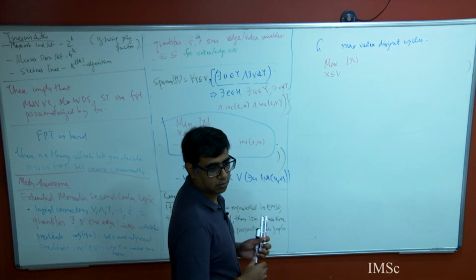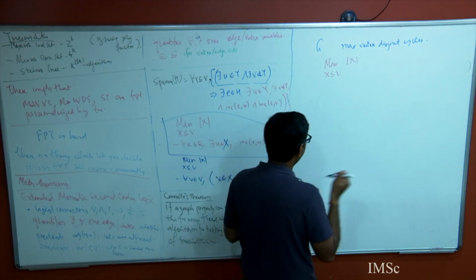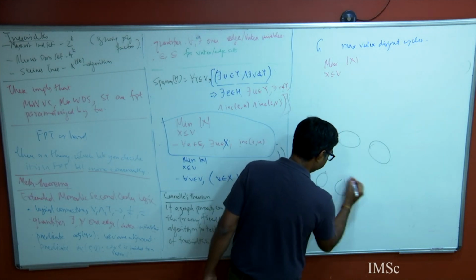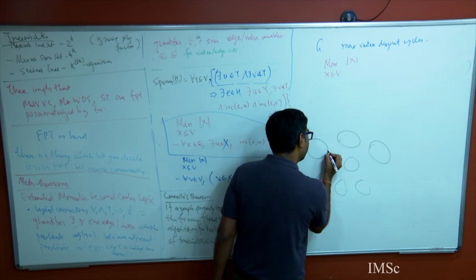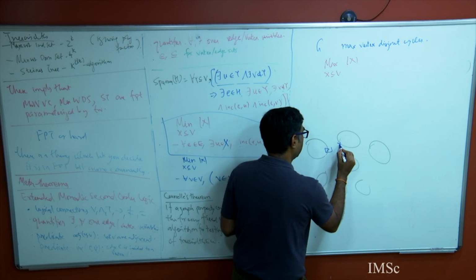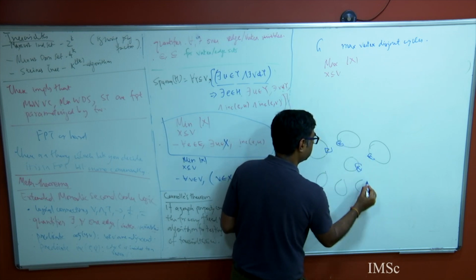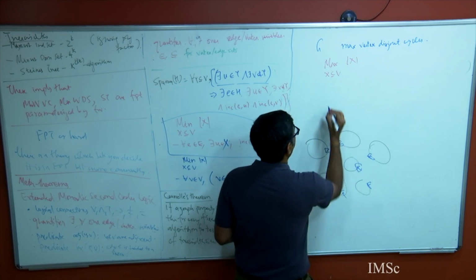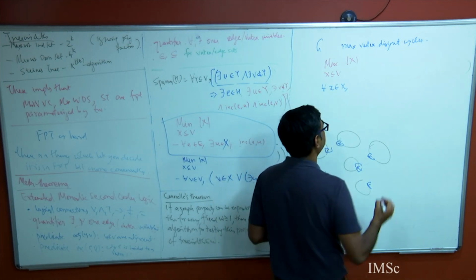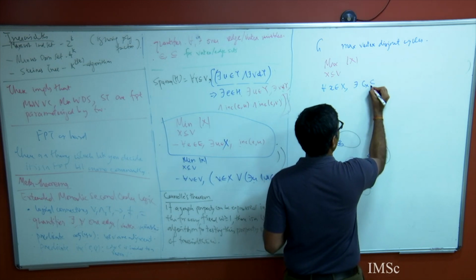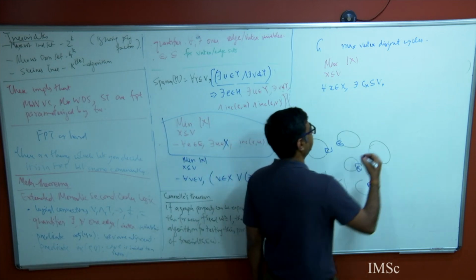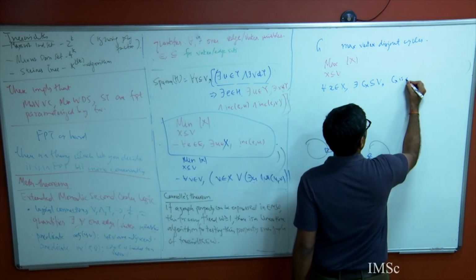Basically, here are my cycles. Suppose there are vertex disjoint cycles, and from every one of them I have picked up one element. And what I want is, for every x in X, there exists Cx subset of V. Next, I should say Cx is a cycle.